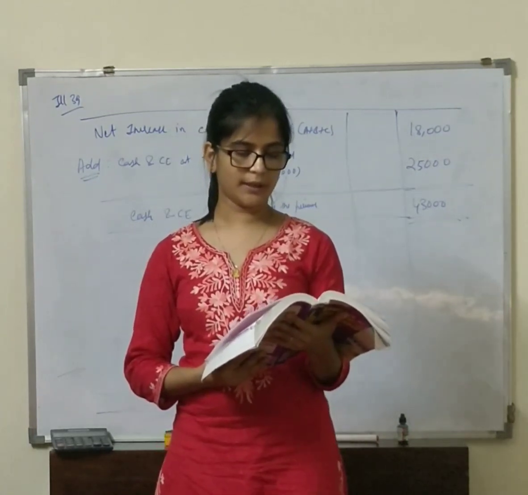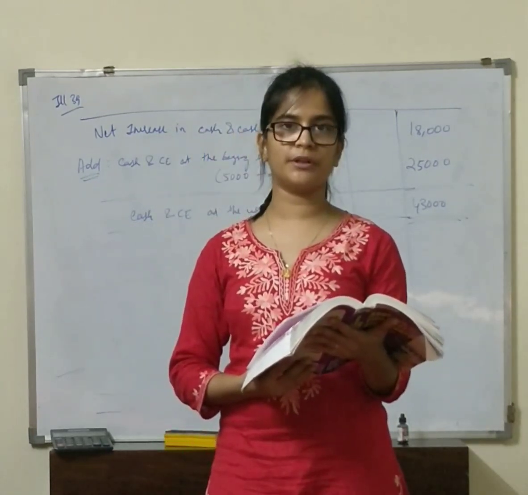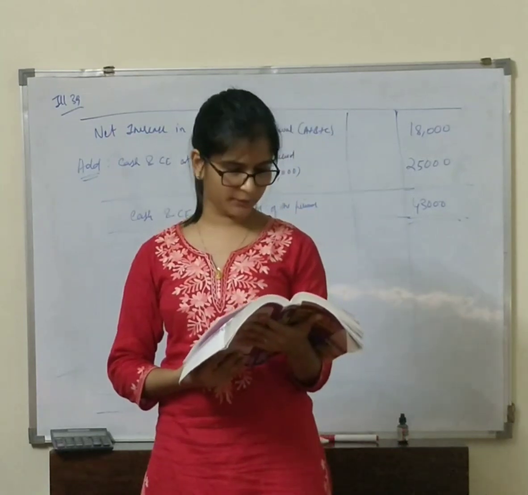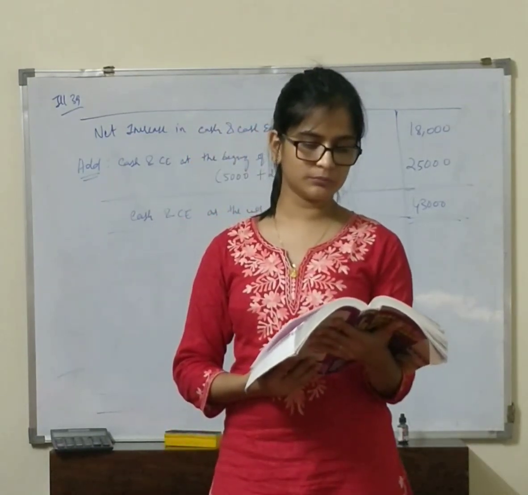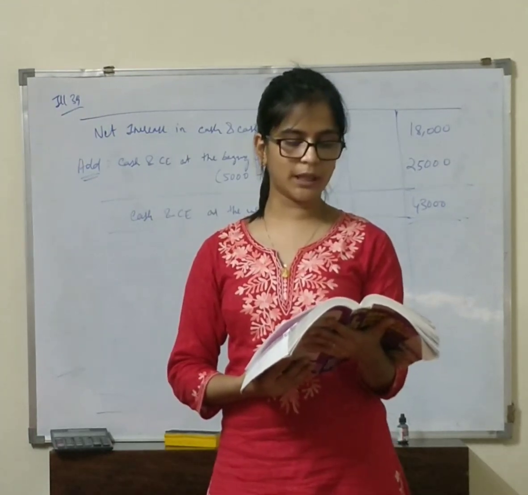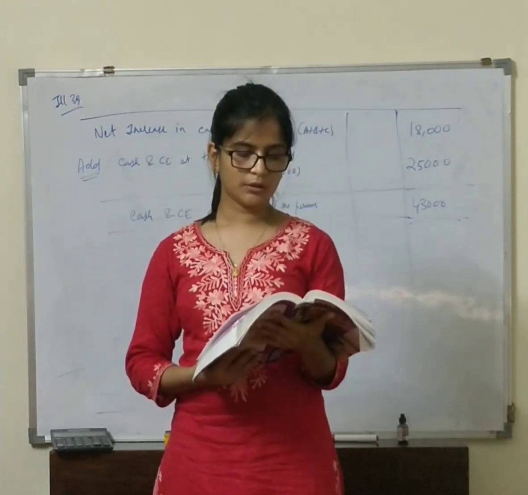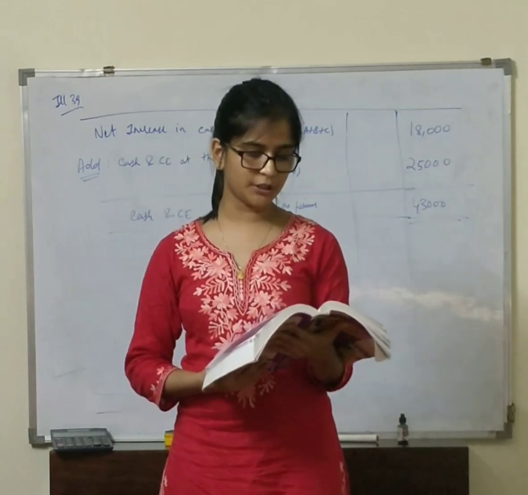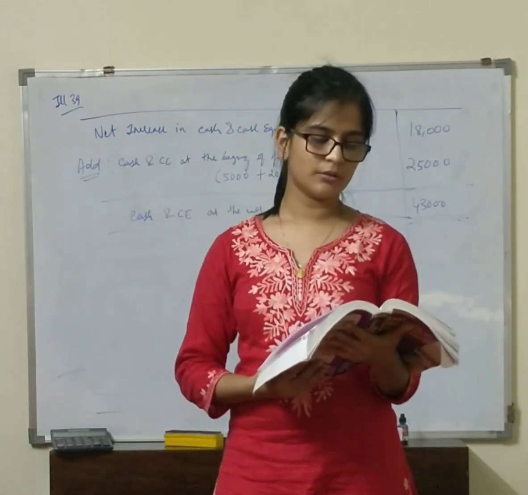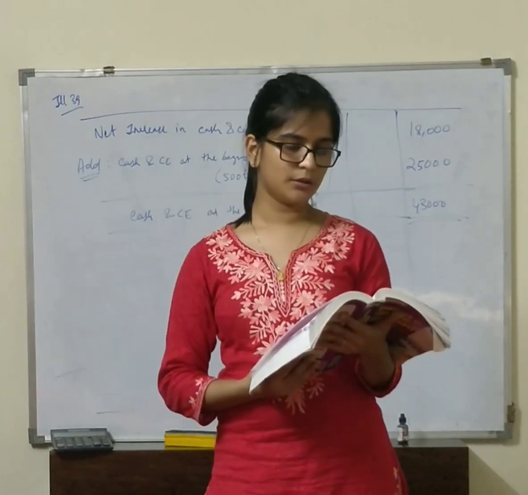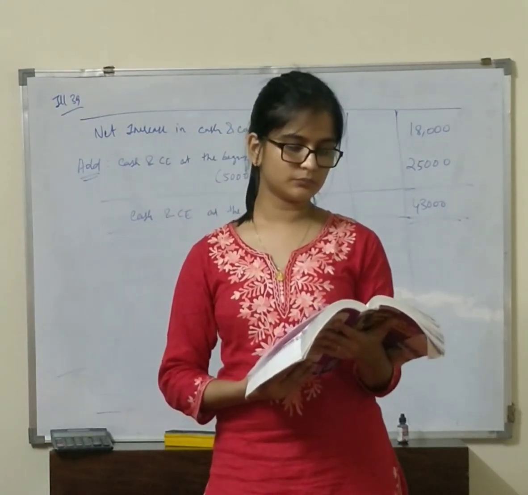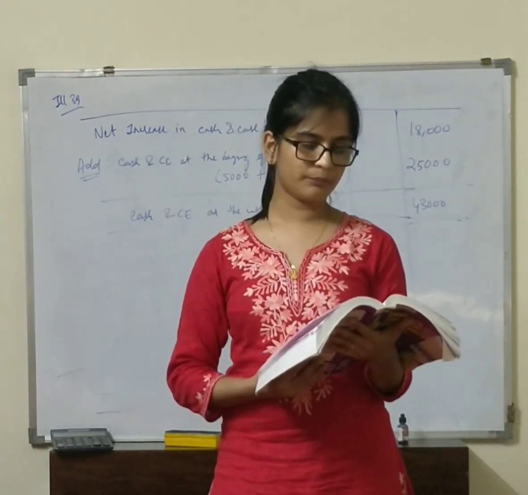Leave a line. Write second side heading, proposed dividend, that is note number 2, proposed dividend. Under that A, proposed dividend appearing on the liability side of previous year's balance sheet must have been paid during the year. Full stop.